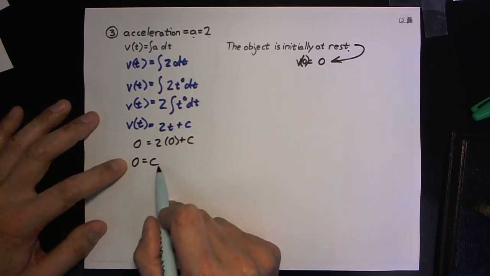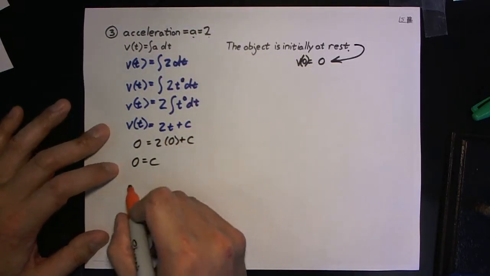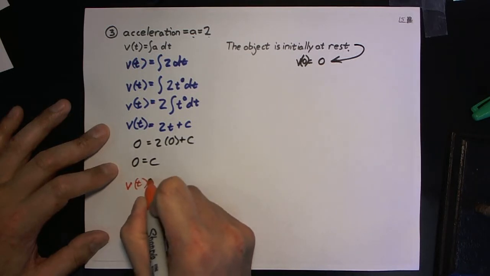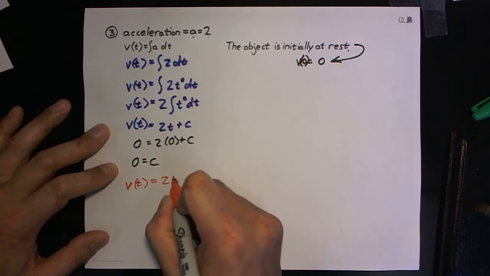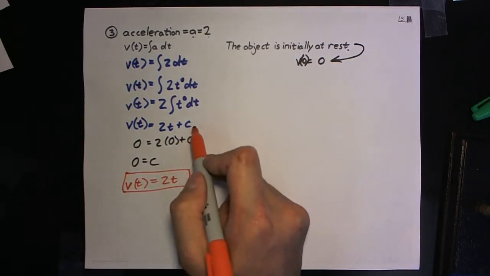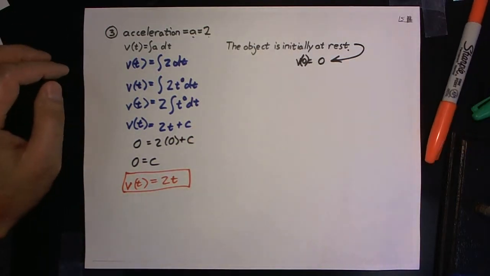Okay, take 0 equals c, plug it back into here for our third and final step. That means that v of t equals 2t. Right, because adding 0 is just nothing. Alright, so that's your specific solution.